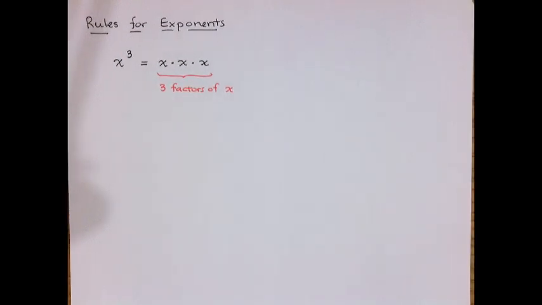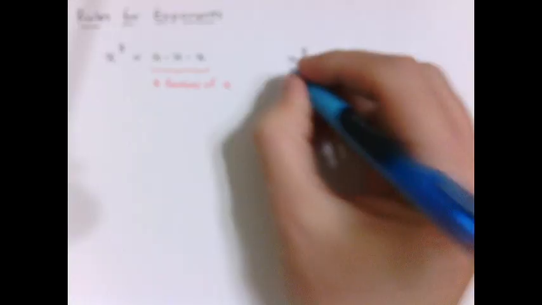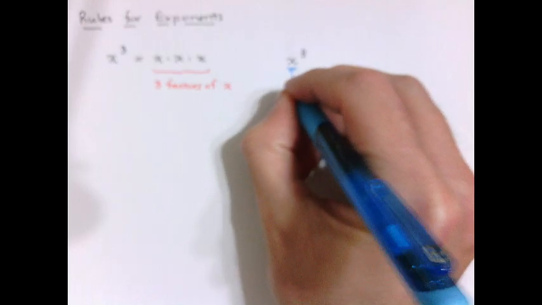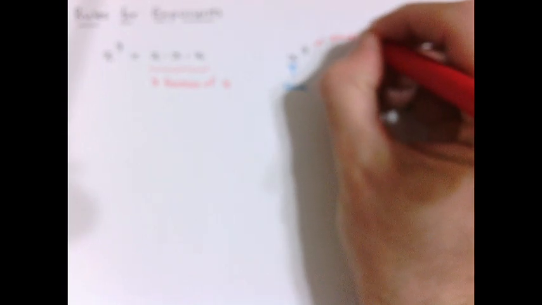So that is the better way of saying that. So when we have this expression, x to the third, we want to make sure that we remember that this guy right here is what we call the base. And this is your power, or we call it the exponent.